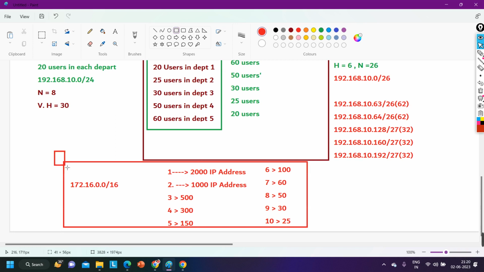If you solve it, then tomorrow I will start the OSI model. Yes, sir, we can solve it. Because it is easy and we discussed the same things with class C. I am asking you from class B. The process will be the same, the method will be the same, the formula will be the same.